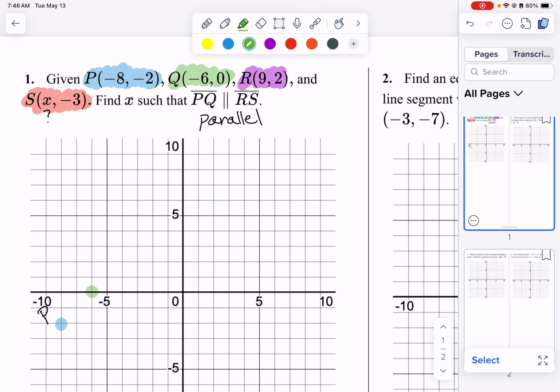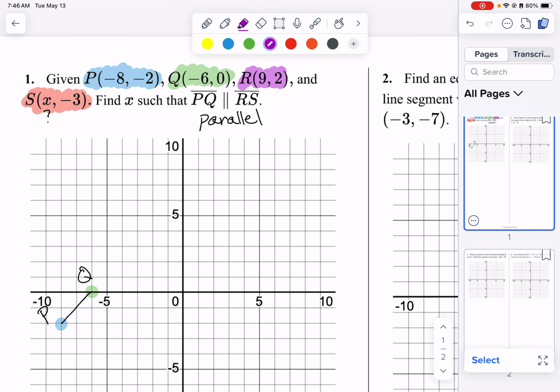So that's there. That's my Q. And that's one of my segments, right there, PQ. We could even make that a little bit straighter. There we go.